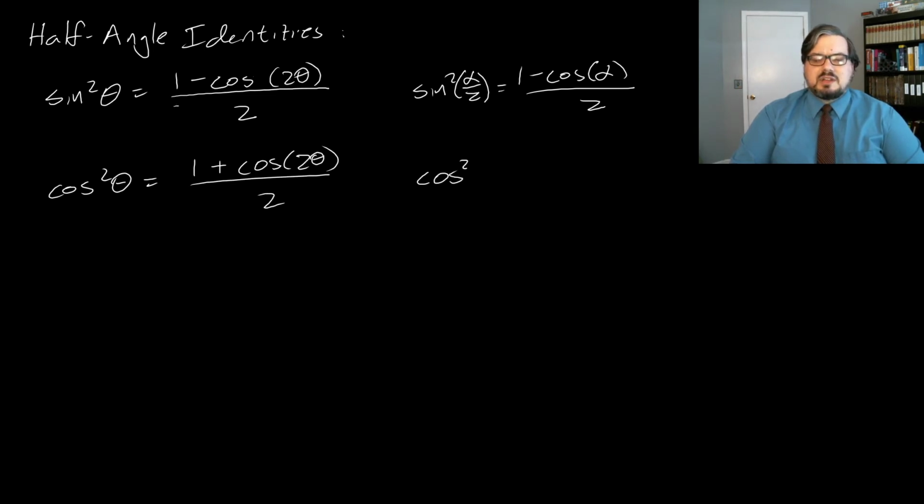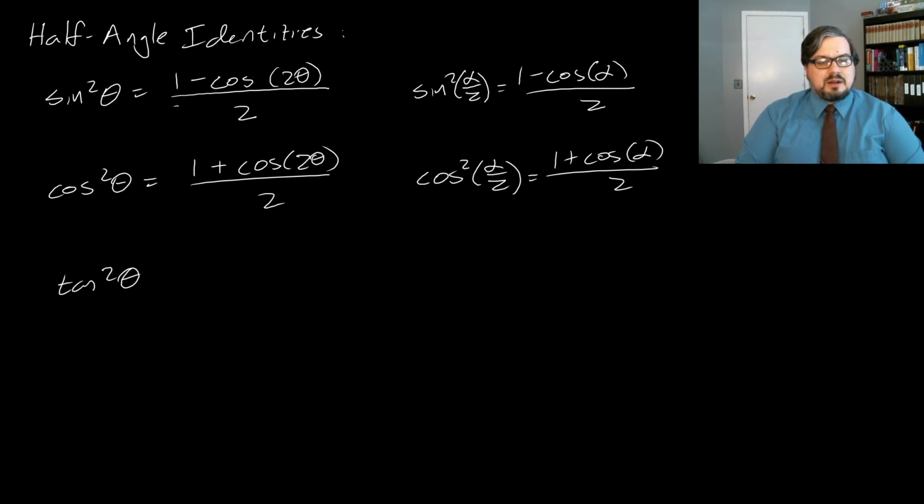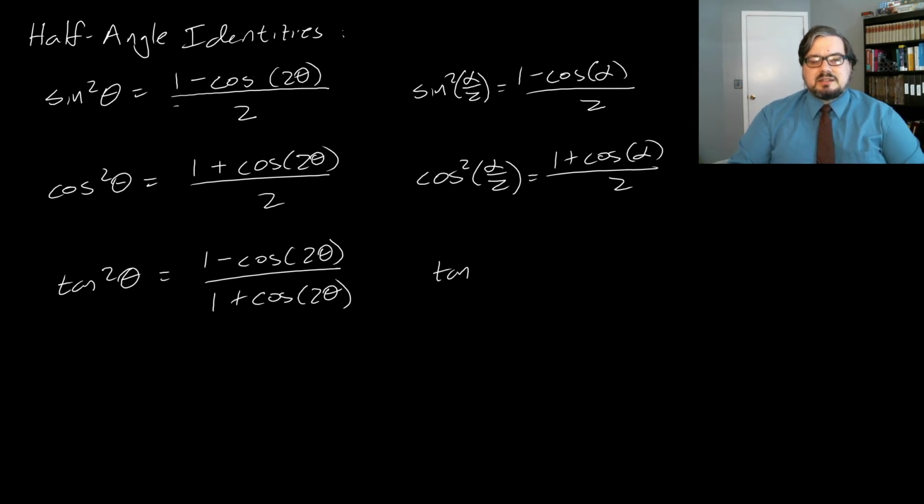And cosine squared alpha over 2 is equal to 1 plus cosine of alpha over 2. Tangent squared theta is the ratio of sine squared over cosine squared, so it's 1 minus cosine 2 theta over 1 plus cosine 2 theta. And similarly, tangent squared of alpha over 2 is equal to 1 minus cosine of alpha over 1 plus cosine of alpha.